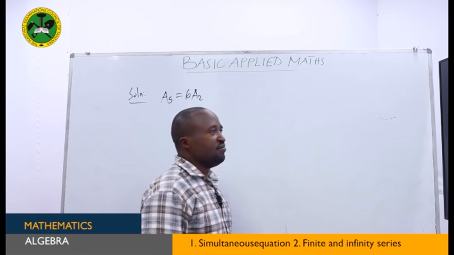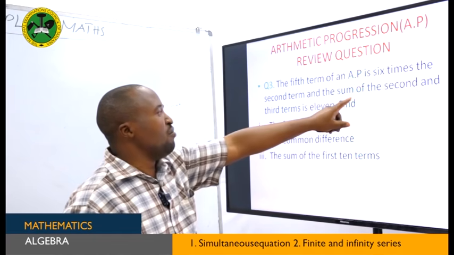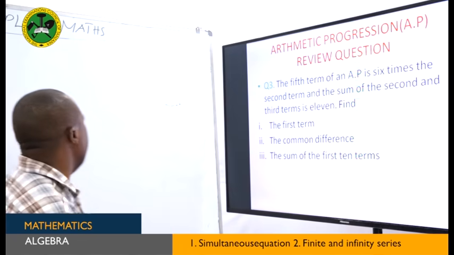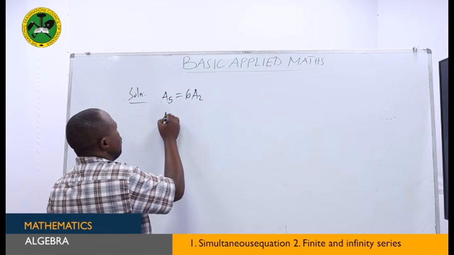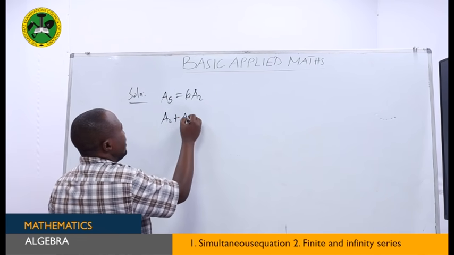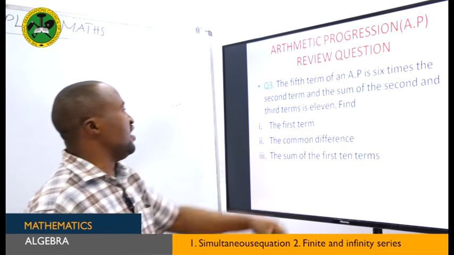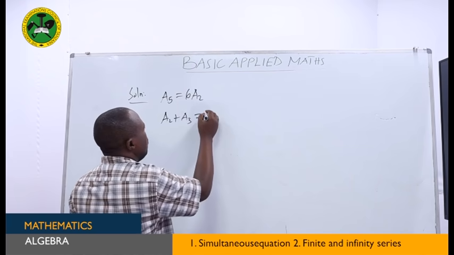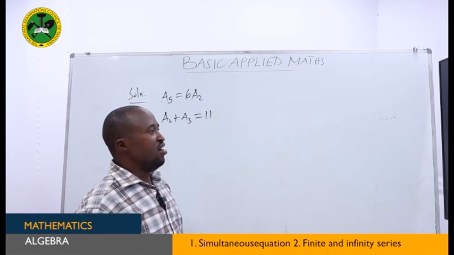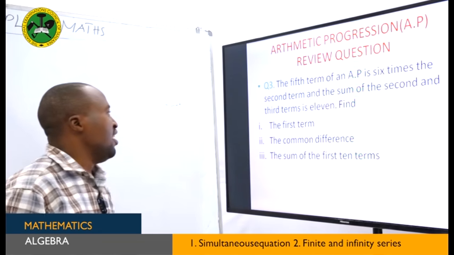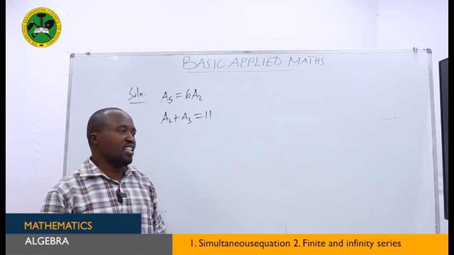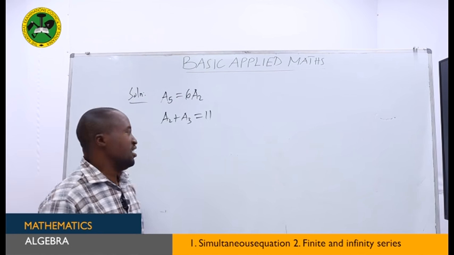But again, the sum of the second and third, that is A2 plus A3, the sum of the second and the third term is 11. This one is equal to 11. Now we have to find the first term, the common difference, and the sum of the first n terms.